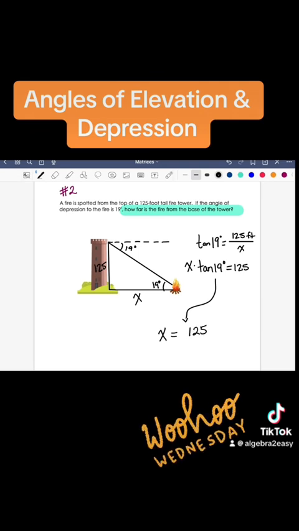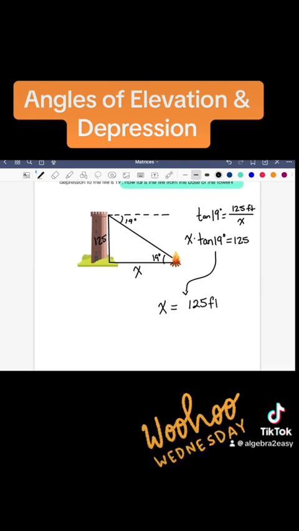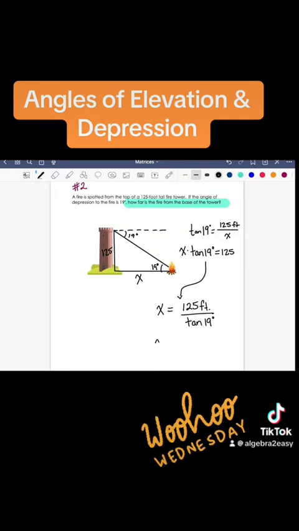So we have 125 feet divided by tangent of 19 degrees. Your calculator should still be in degree mode, which is perfect. And we have x is equal to 363 feet. So the fire that is spotted from the top of the tower is 363 feet away from the base of the tower.